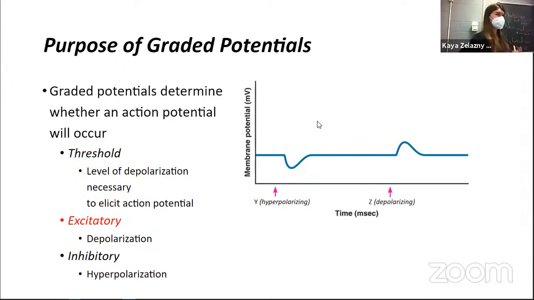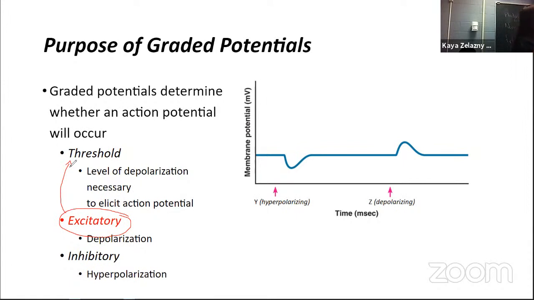So excitatory stimuli make us more positive, inhibitory stimuli make us more negative. But the reason we're using these words is that we're asking, are we getting closer to this threshold? And if yes, our neuron is going to fire, so it's excited, doing something.